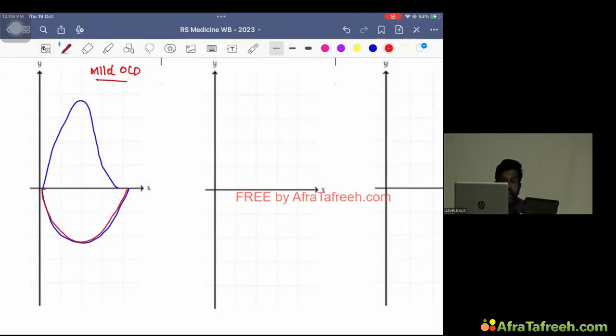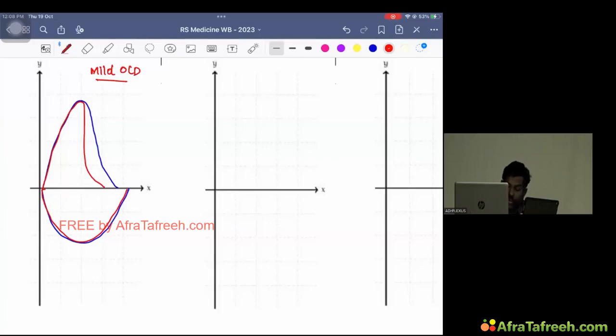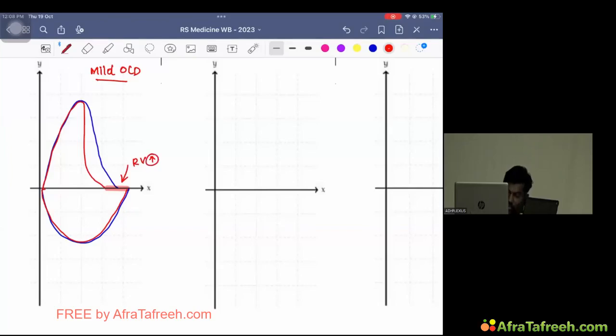There is no problem in inspiration, and no problem in larger airways. But the air is not able to come out from the medium sized airways. So it is trying to reach almost the normal graph, but it is not attaining it. What happened here? This part has increased. What is this part called? Residual volume is increased. When residual volume is increased, which volume is decreased here?